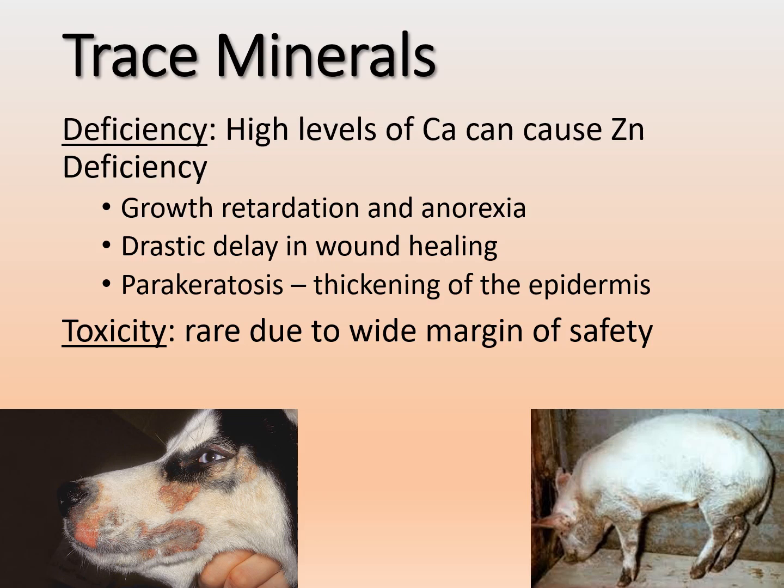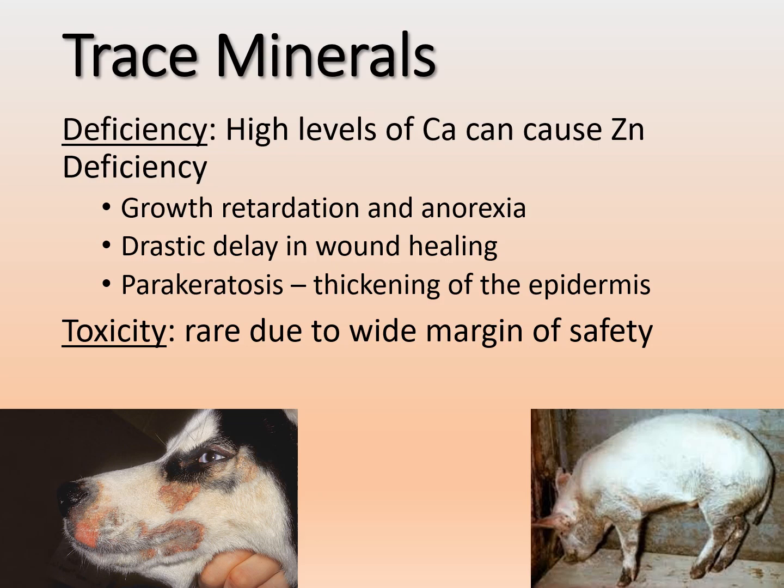So calcium can inhibit zinc, which will cause, again, this relative deficiency in zinc. So we said it's really important for cell growth. So if you have a deficiency, you see growth retardation, anorexia, weight loss. And we said it's really important for wound healing. So you get this drastic delay in wound healing.